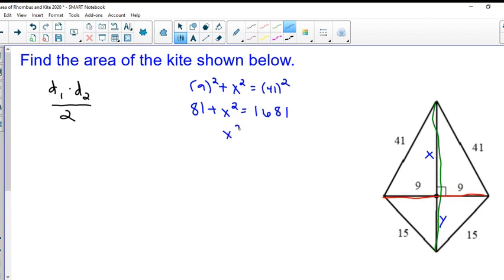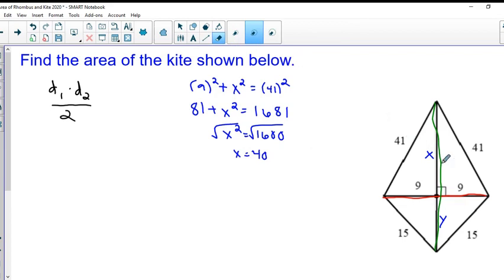Move over that 81 to the other side and we get 1600. And then remember, we are square rooting both sides, and the square root of 1600 is 40. So that means this side length is equal to 40. So I'm going to get rid of my x and put 40 in for that side length.